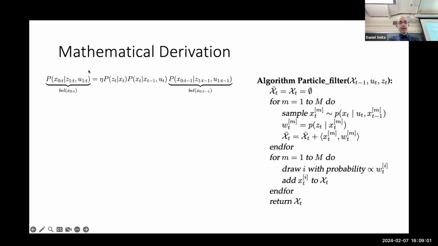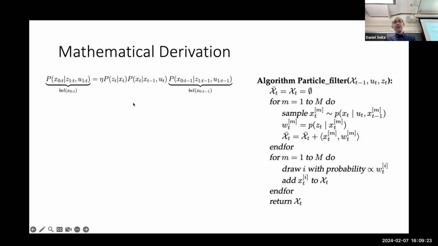And this was the recursive derivation where you have your belief here, which is really proportional, subject to the constant eta, multiplied by the sensor probability, multiplied by the transition probability, and then multiplied by the prior belief.